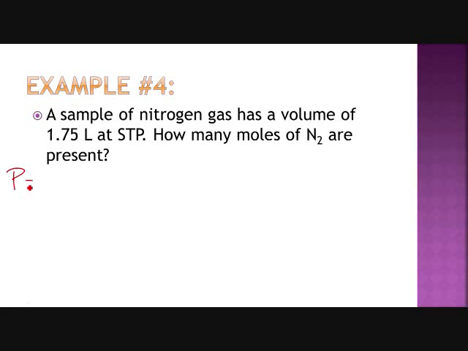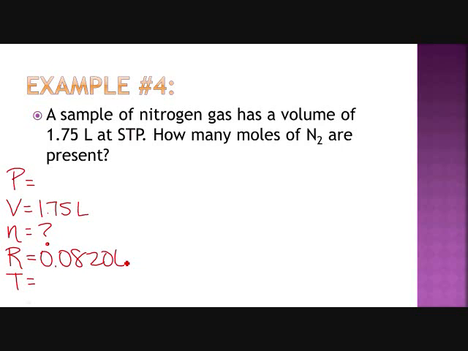So we're still using our equation. We only have one pressure, one volume this time, so we know we don't have to do it twice. And we know that the volume is 1.75 liters. And we're solving for moles, which is the n. Now, at this point, we know R can be filled in, but we're still missing the temperature and the pressure.